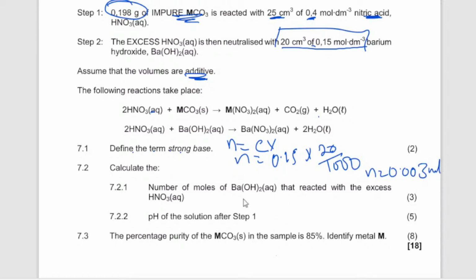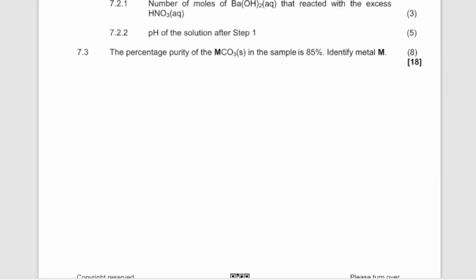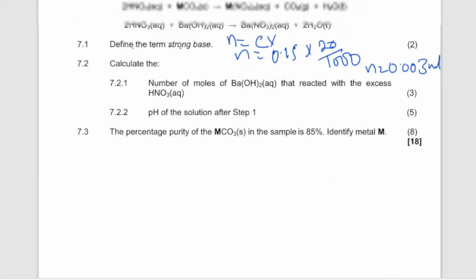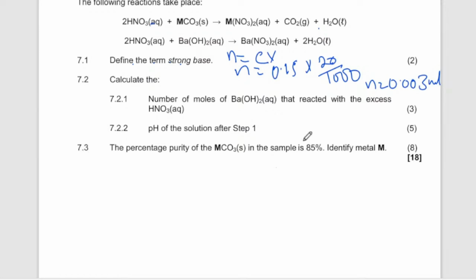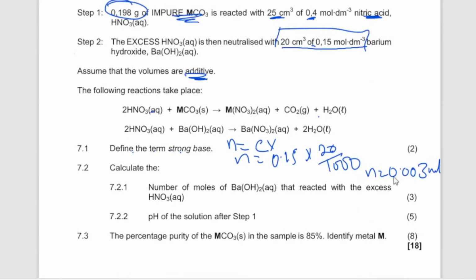And they're saying calculate the pH of the solution after step 1. The pH of this solution after step 1 is basically determined by how much nitric acid was remaining. So in most cases, because they said excess, it means that we have to go back to step number 1.